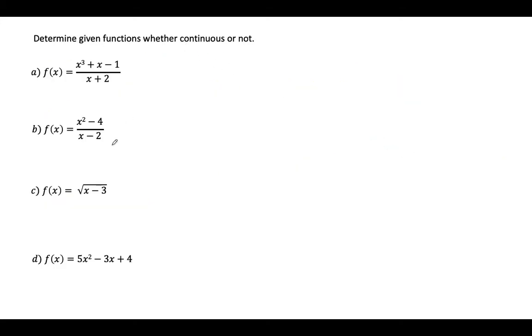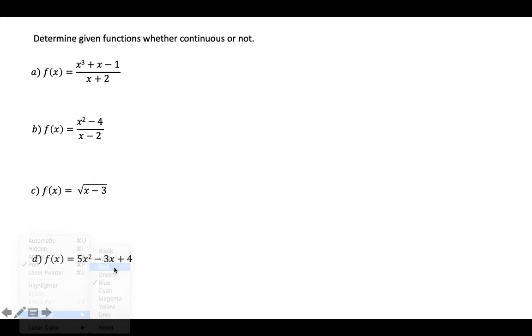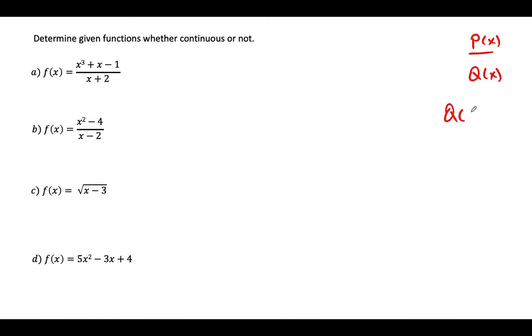Determine the functions whether continuous or not. So we should keep in our mind that if the functions are continuous, how can we understand? So whenever we have p of x over q of x, a rational function, polynomial functions, where the q of x is equal to 0, f of x is discontinuous.